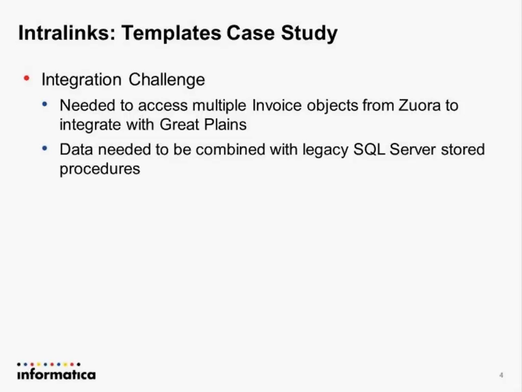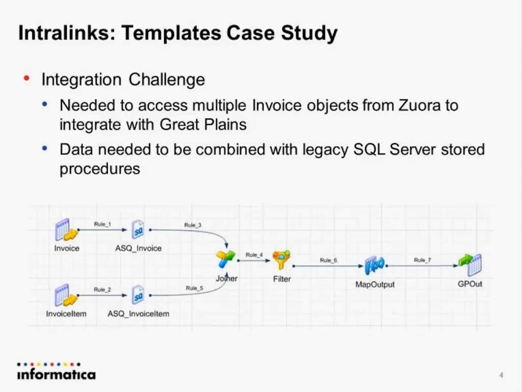It was for this purpose that Sanjay Badola from Intralinks developed a template. Here's a screenshot of the template that he developed, and later on I will be handing controls over to him so that he can take us through how he actually built this particular template. As you can see, here are the various invoiced items with several joiner and filter conditions and eventually integrating with Great Plains.